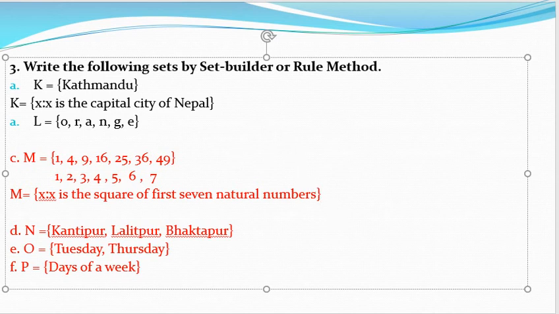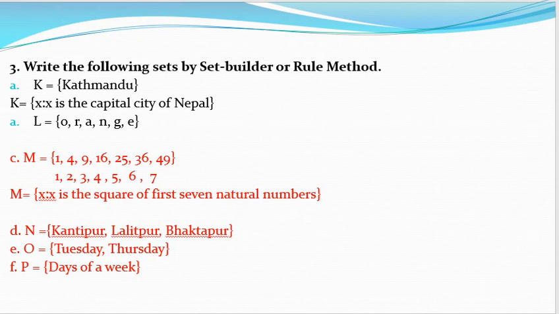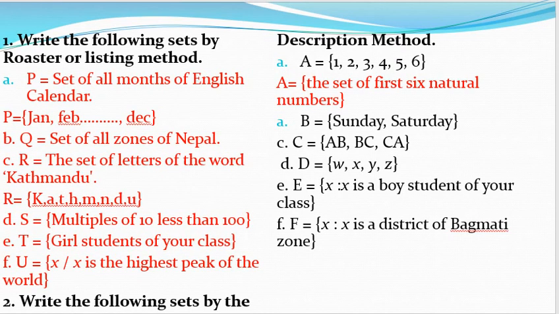Look, understood how you have to write? These are 1, 2, 3, 4, 5, 6, 7. That means these are the first 7 natural numbers, and the squares of the first 7 natural numbers are 1, 4, 9, 16, 25, 36, 49. Understood? Yes, understood, teacher.